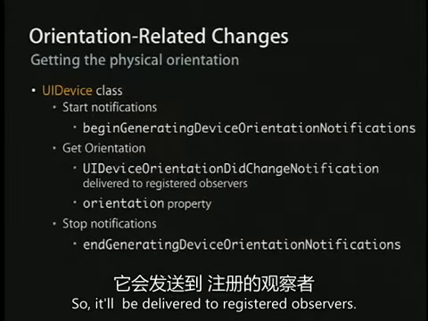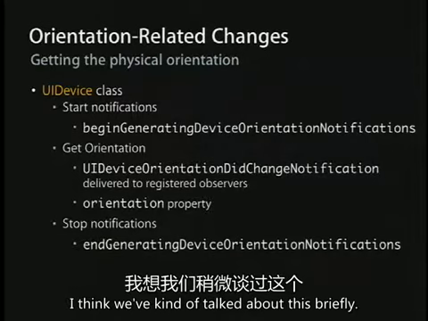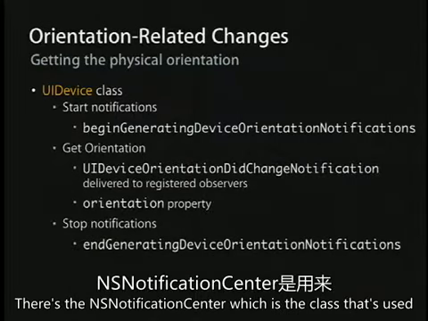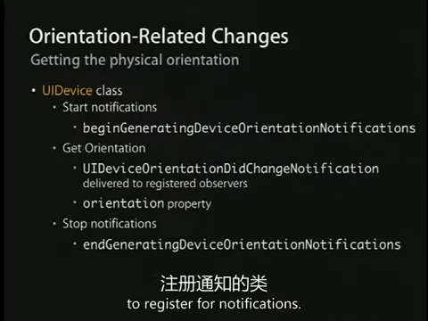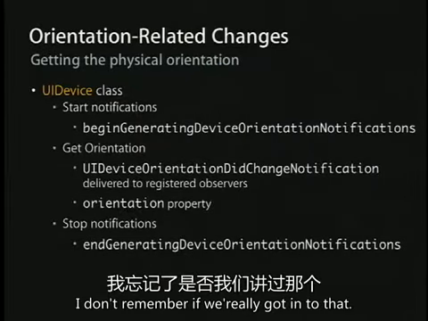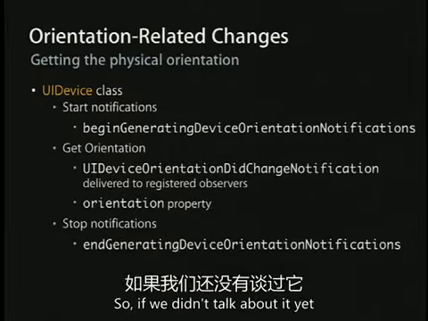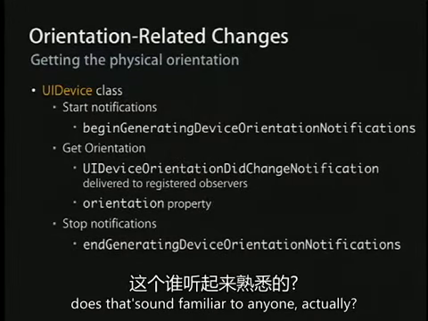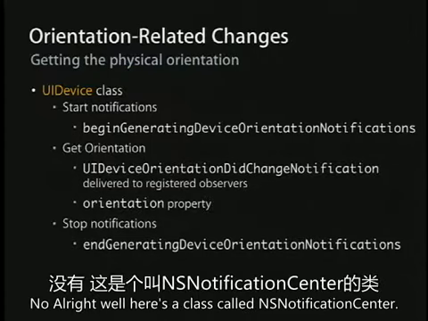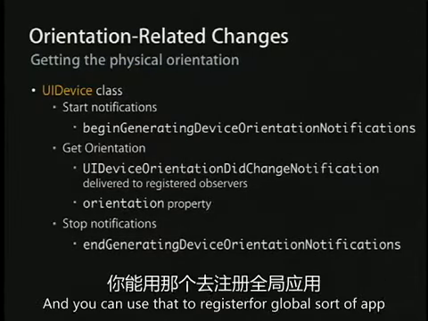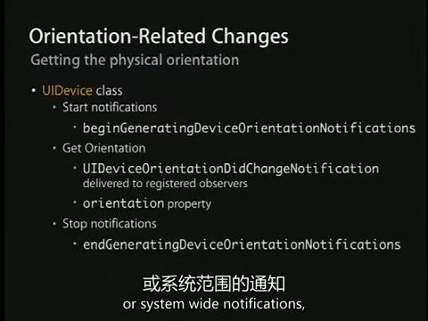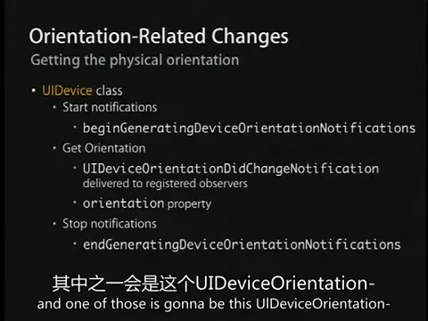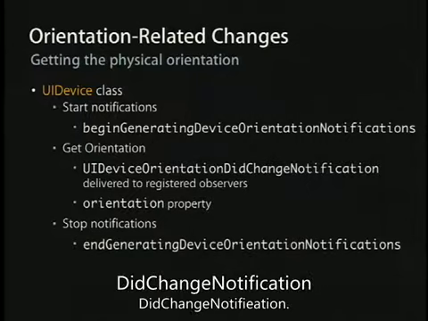So it'll be delivered to registered observers. I think we've kind of talked about this briefly. There's the NSNotificationCenter, which is the class that's used to register for notifications. I don't remember if we really got into that. So if we didn't talk about it yet, or you're not real familiar, does that sound familiar to anyone? Heard about it? No? All right, well, there's a class called NSNotificationCenter, and you can use that to register for global app or system-wide notifications. And one of those is going to be this UIDeviceOrientationDidChangeNotification.